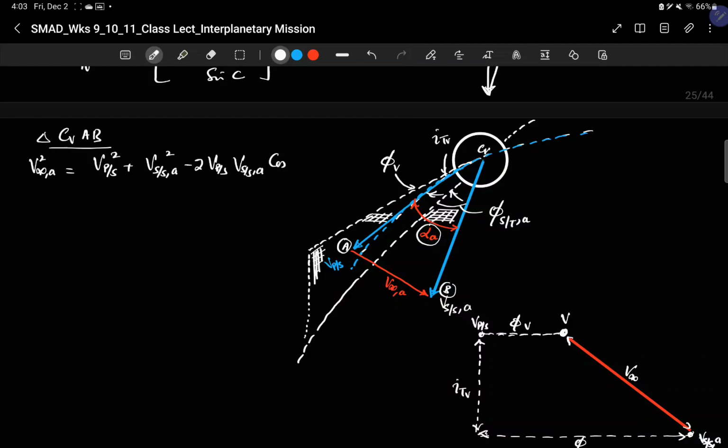The included angle is alpha A, right? So into cos of alpha A.